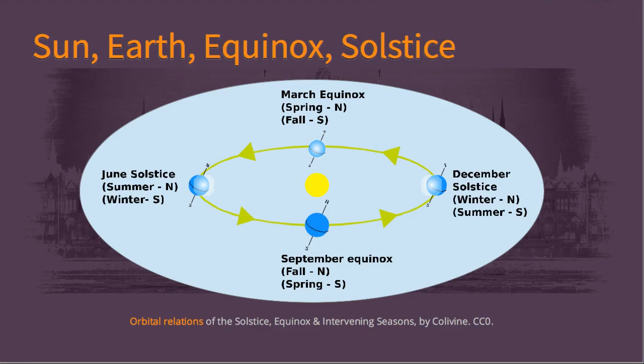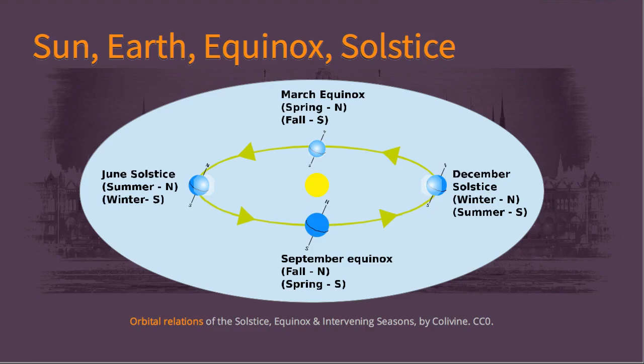Just to refresh everybody's memory, this is how the geometry of the Earth going around the sun looks. You see the sun in the middle, and the blue planet is Earth, and the Earth is inclined relative to the plane that it's orbiting in.